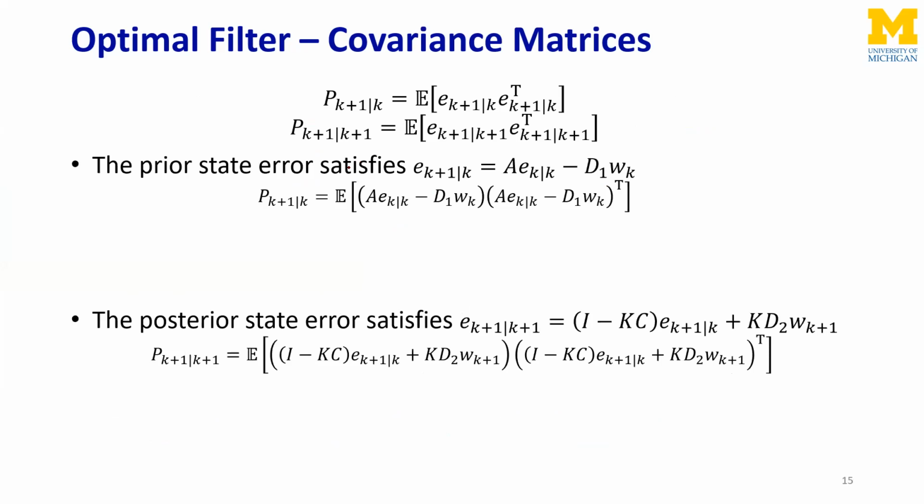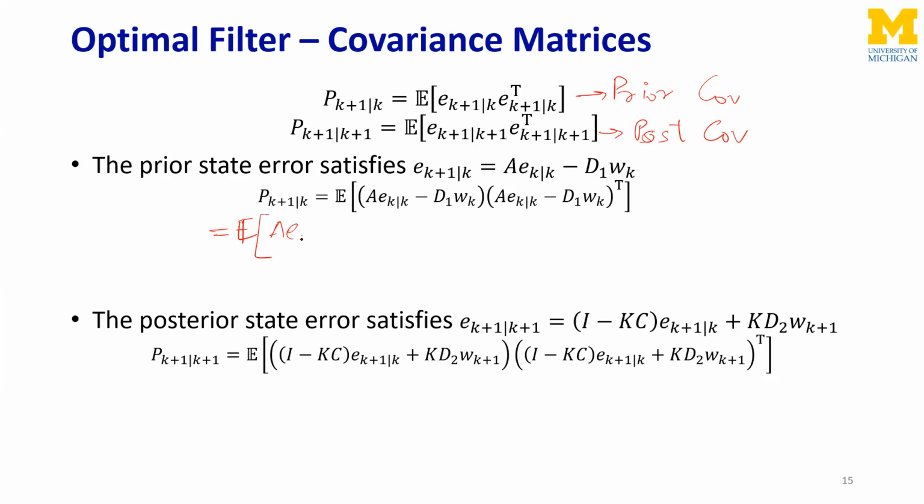Okay, moving on. So we have the prior covariance, and then we have the posterior covariance. Now the prior error satisfies this equation, which means that the prior covariance is going to be given by this expression. And all I'm going to do is expand out this expression.